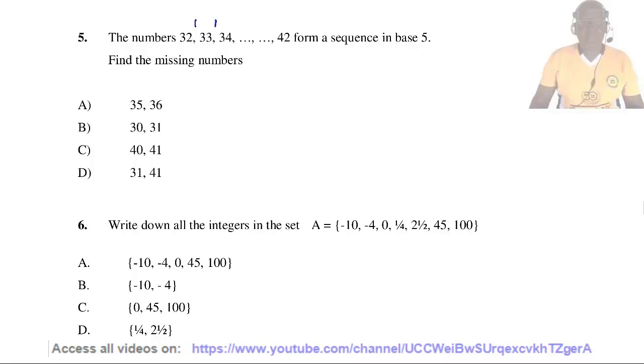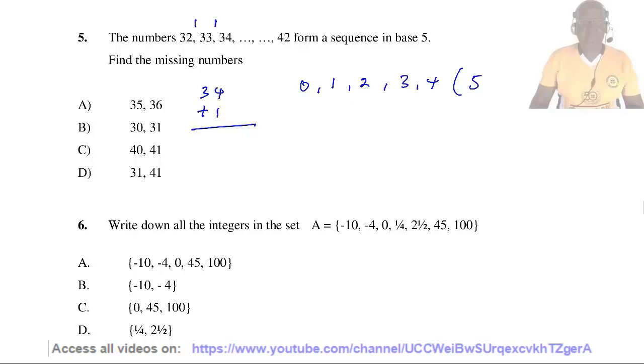So the next term after 34 is going to be 34 plus 1. Also take note that in base 5, the digits that can be used to form numbers are 0, 1, 2, 3, and 4. 5 and higher numbers cannot be used to form numbers under base 5.